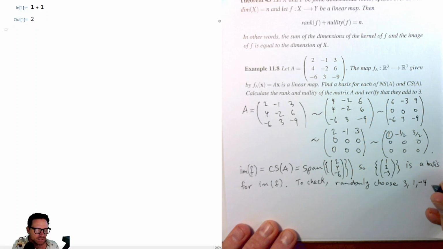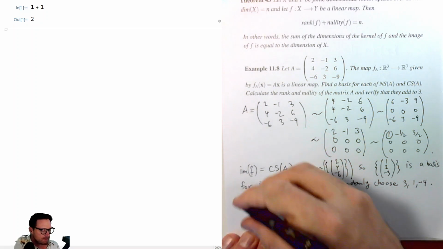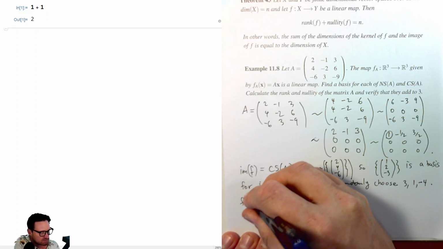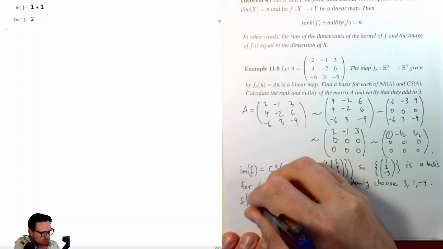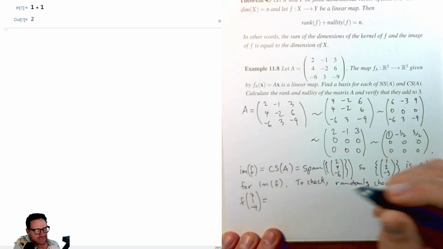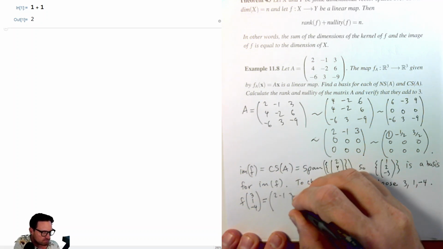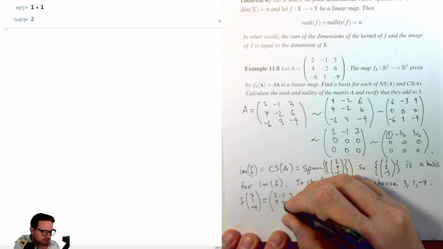And then let's just map. So F of (3, 1, -4) is equal to the matrix times that vector.